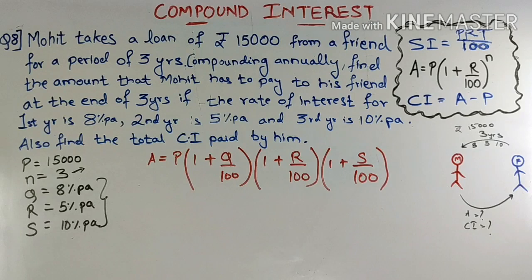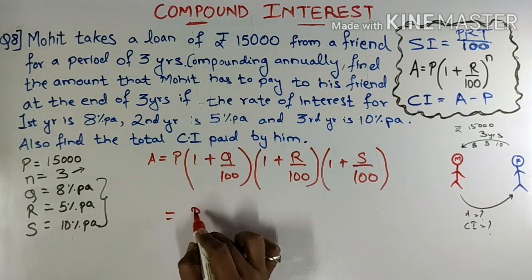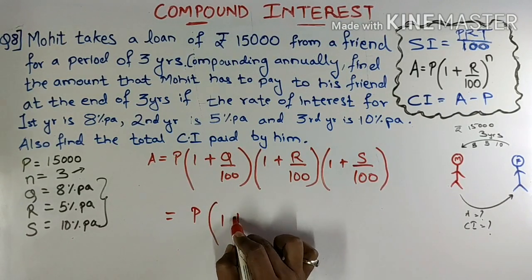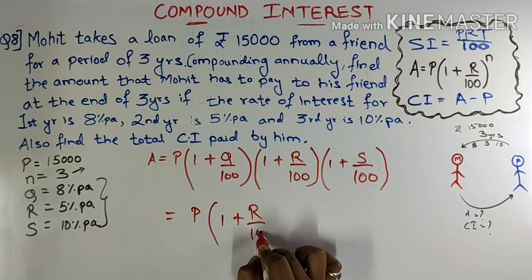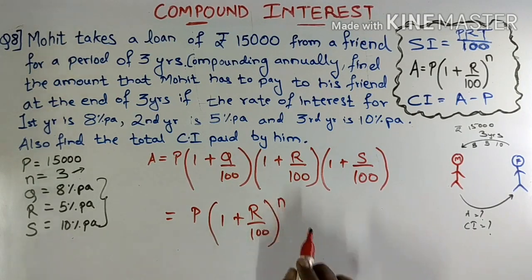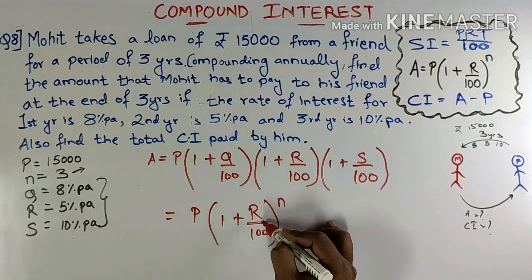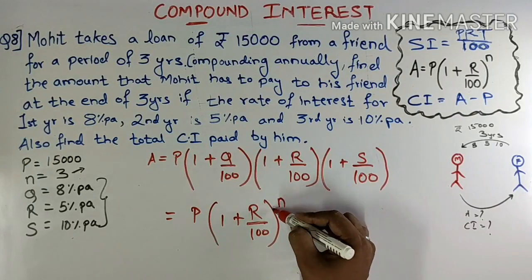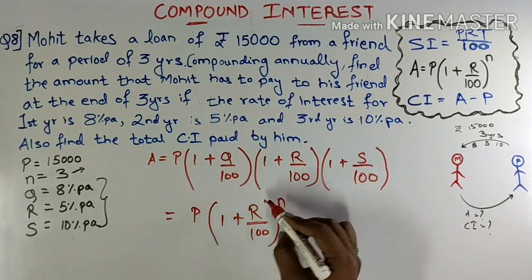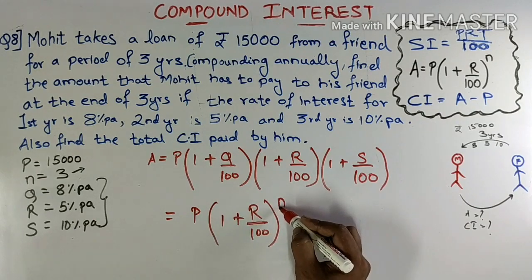Now there is no N, because in a normal situation we used the formula P into 1 plus R by 100 raised to the power N, where R used to be the same for all the years, and hence for the number of years we used to take it to the power.